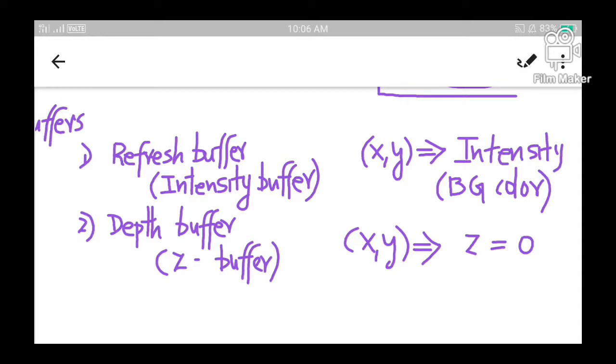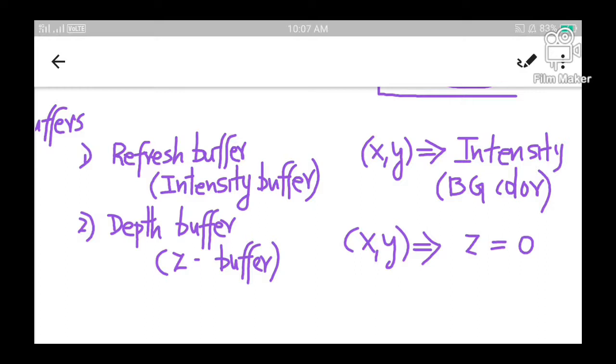Okay, because we need to store the intensity for each pixel of the screen. So initially all the pixels of the screen will be having same color. So definitely every cell in this buffer will be also storing same color. What is it? It is the background color. So this is the first step we have to do. We have to set all values in this buffer as background color.